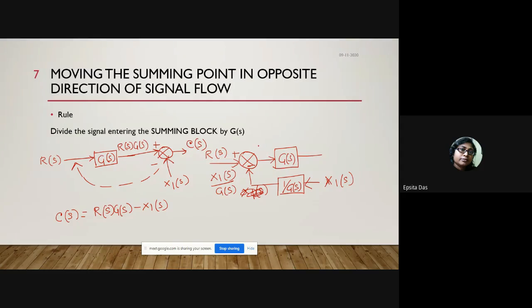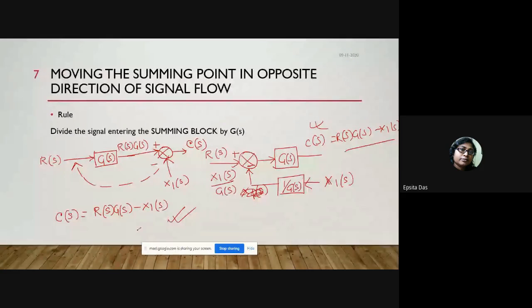So here it is coming RS into GS minus X1S. So at the end, I am getting CS equal to RS into GS minus X1S. So this is absolutely same.